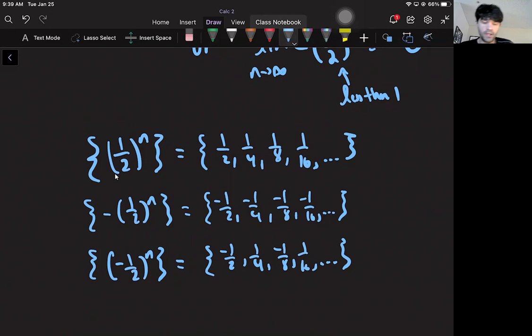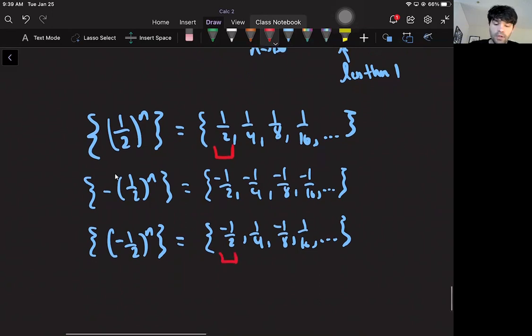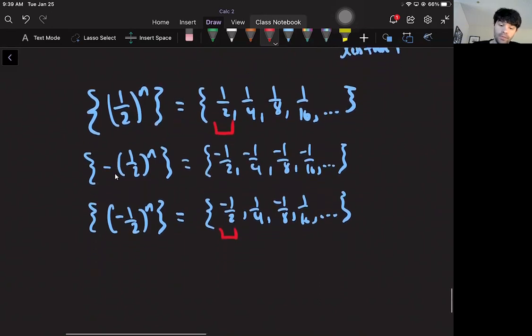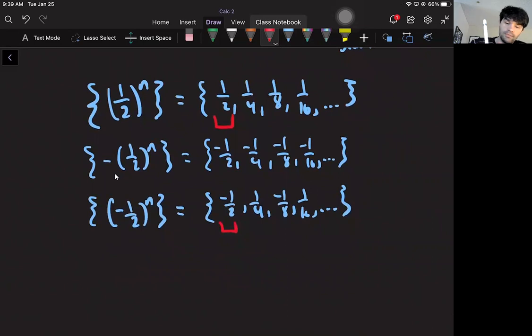So we can actually relate these in a nice order. So what's bigger, 1/2 or negative 1/2? Well, the positive one is bigger, right? So in fact, this is our bn that we're trying to make be in the middle. This is going to be our smaller one, an, and this is going to be our bigger one, cn.